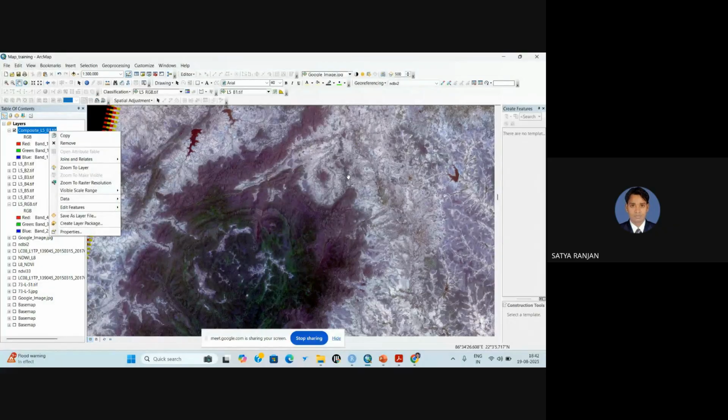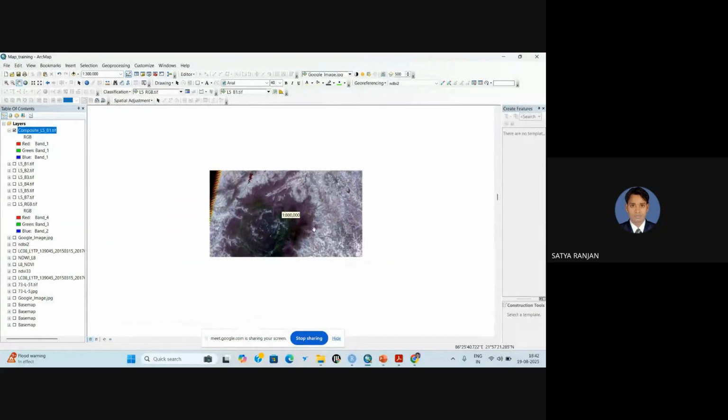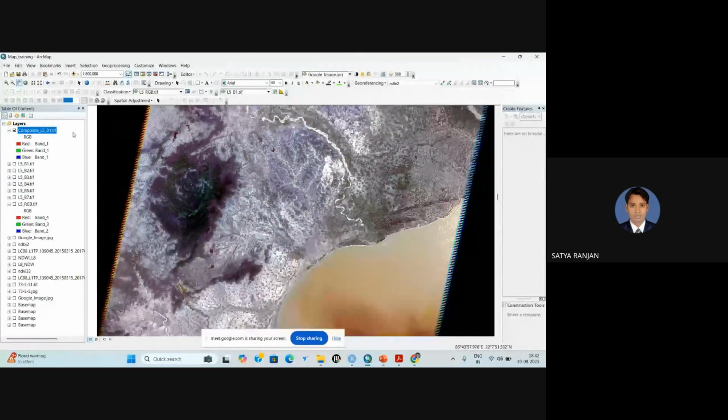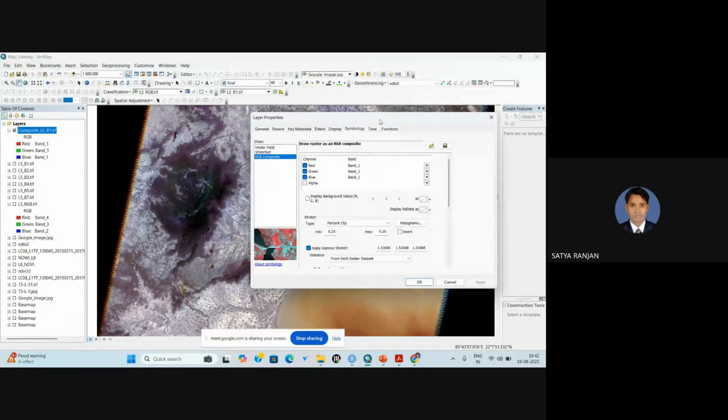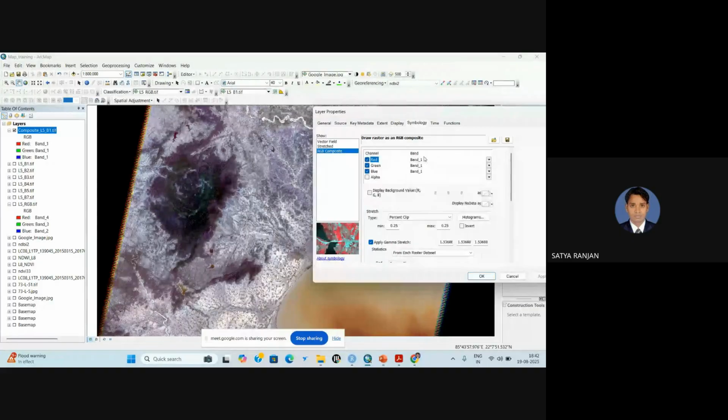We have to change our bands according to our requirement. So this is our band. Go to the properties.